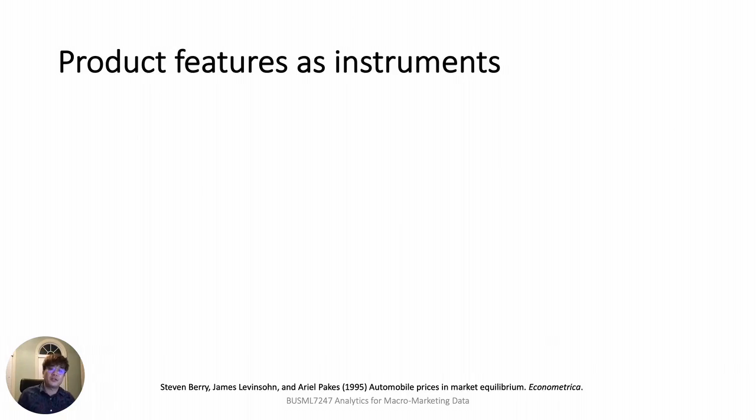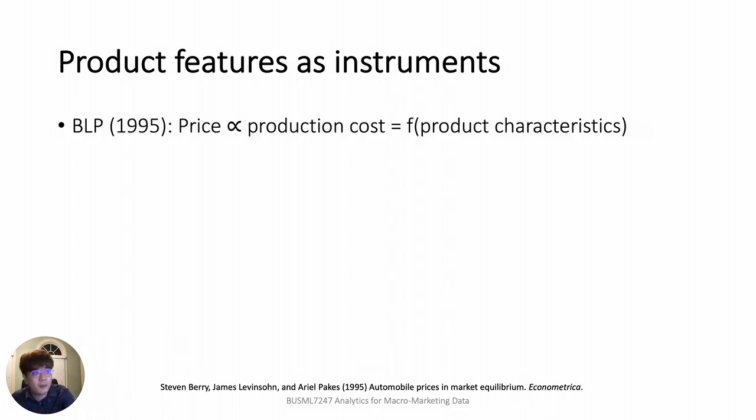Next, the product features. For durable goods, demand shocks on the market may be strongly correlated to the manufacturer prices, unlike the consumer packaged goods. Berry, Levinsohn, and Pakes suggested to use product features as instruments for durables.